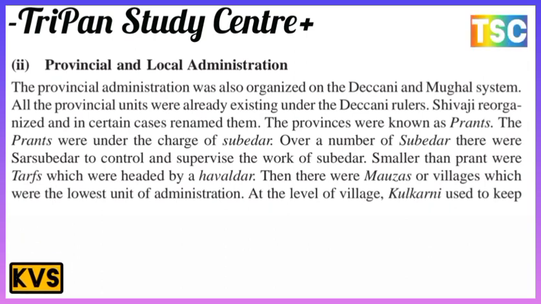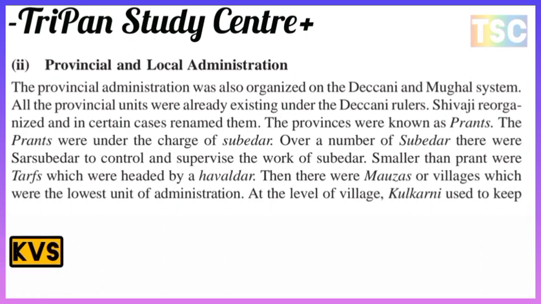The provinces were known as Prantas, and these Prantas were under the charge of a Subedar. Over a number of Subedars there was a Sarsubedar who controlled the work of the Subedars. There was a smaller unit than the Pranta, called Tarf, which was headed by the Havaldar.